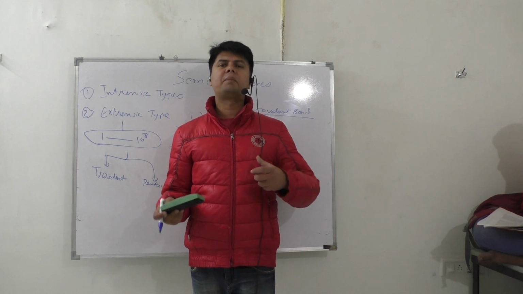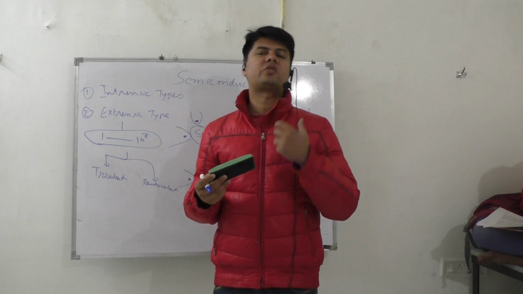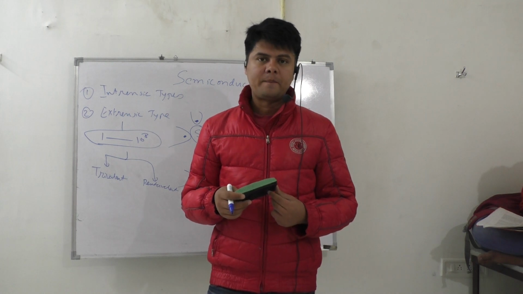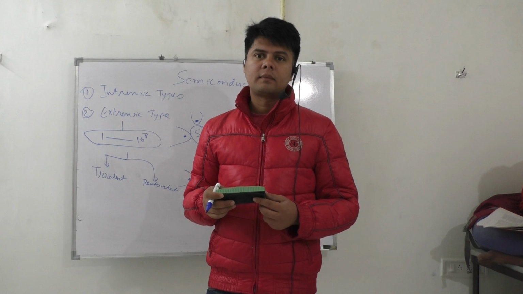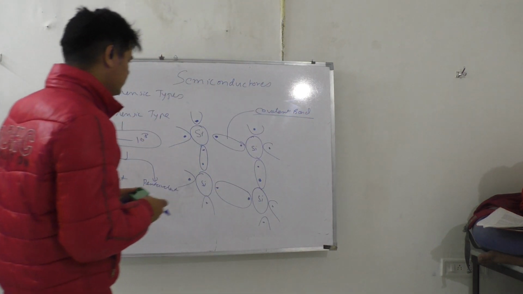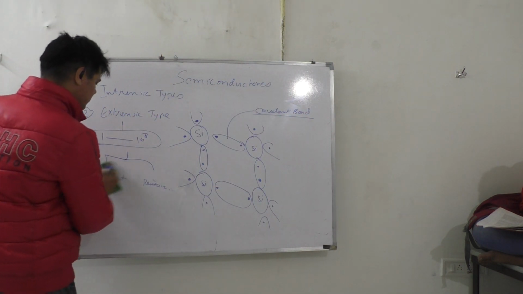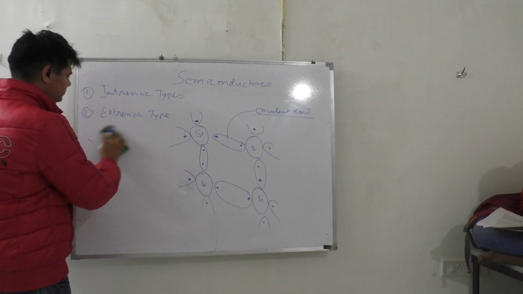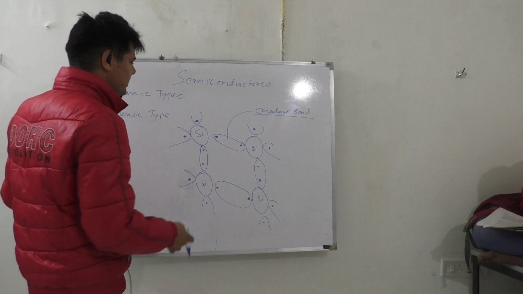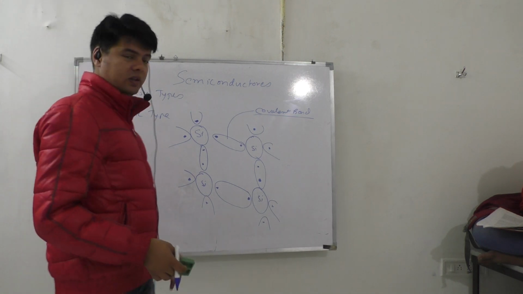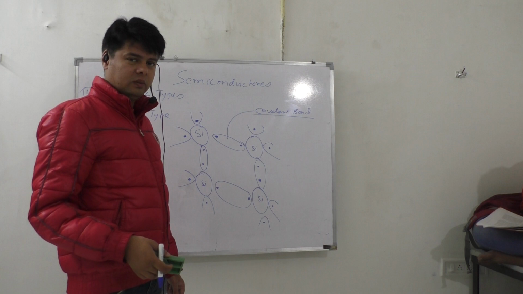अभी क्या होते हैं पेंटावेलेंट impurities, trivalent impurities? So the answer is that, suppose this is the purest form of the crystal or lattice structure.